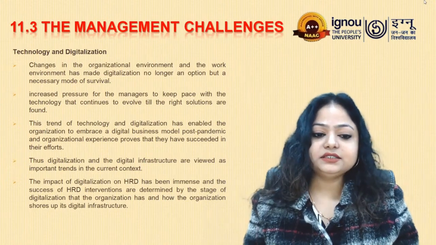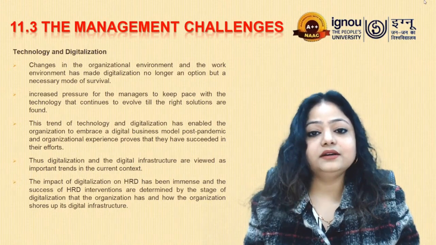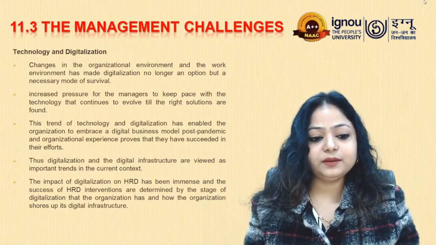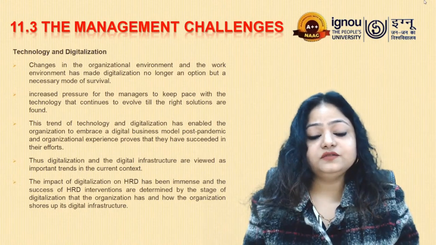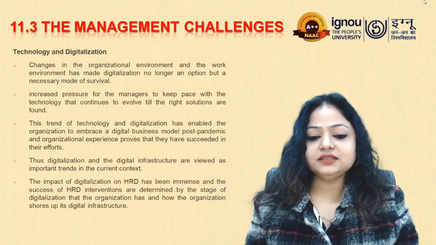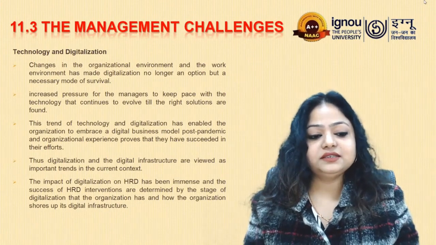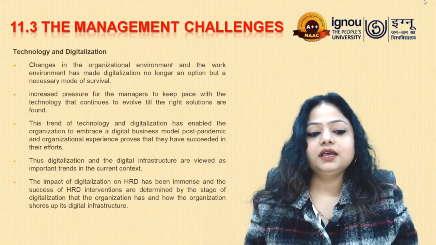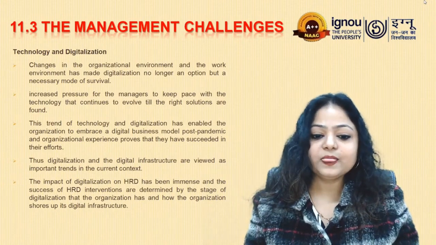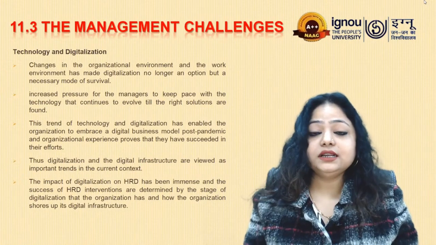Thus, digitalization and digital infrastructure are viewed as important trends in the current context of human resource development. The impact of this digitalization on human resource development has been immense, and the success of HRD interventions is determined by the stage of digitalization that the organization has and how the organization shows up to the digital infrastructure.